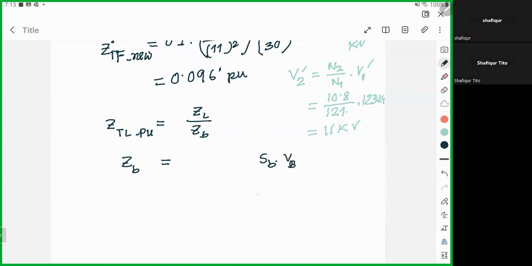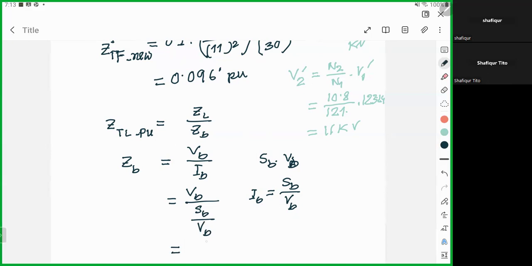So if I do the calculation, we can do the calculation of the current. IB is equal to SB divided by VB. And then from the base, ZB would be equal to VB by IB, and IB equal to SB divided by VB.